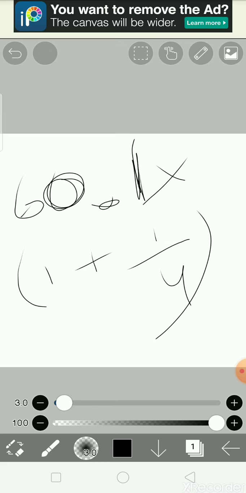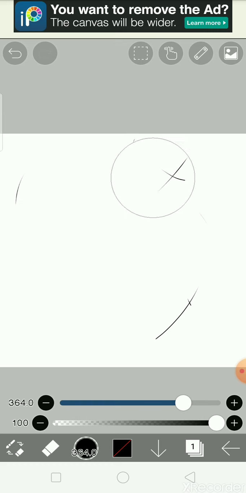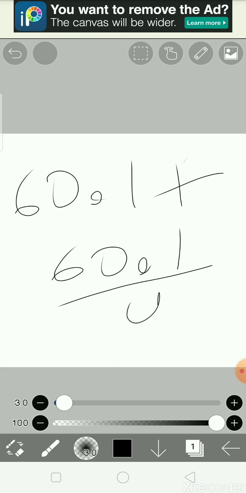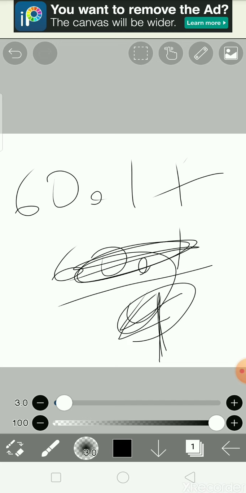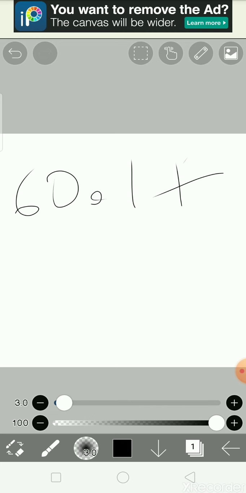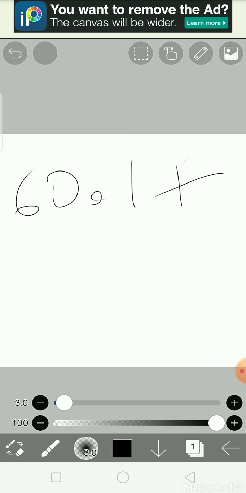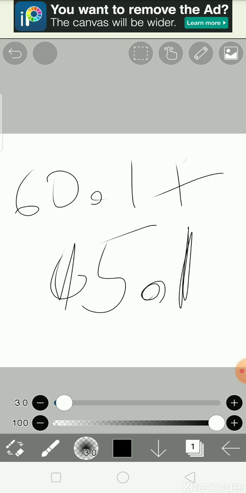We multiply each of these, we get 60.1 plus 60.1 by 4. 60.1 by 4 we can rewrite as roughly 15.1.